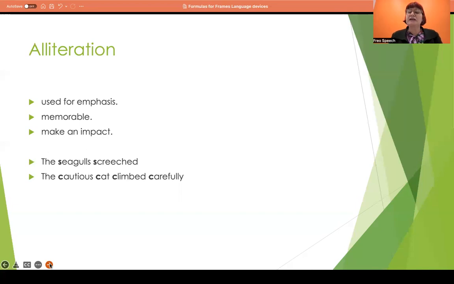So mine was Jenny's Jumpers. And then I said, now put in an adjective to describe the sort of thing that you're selling in your shop. So I chose Jenny's Jolly Jumpers, and I said mine were going to be bright, knitted, colourful jumpers. So that's how I taught them alliteration.